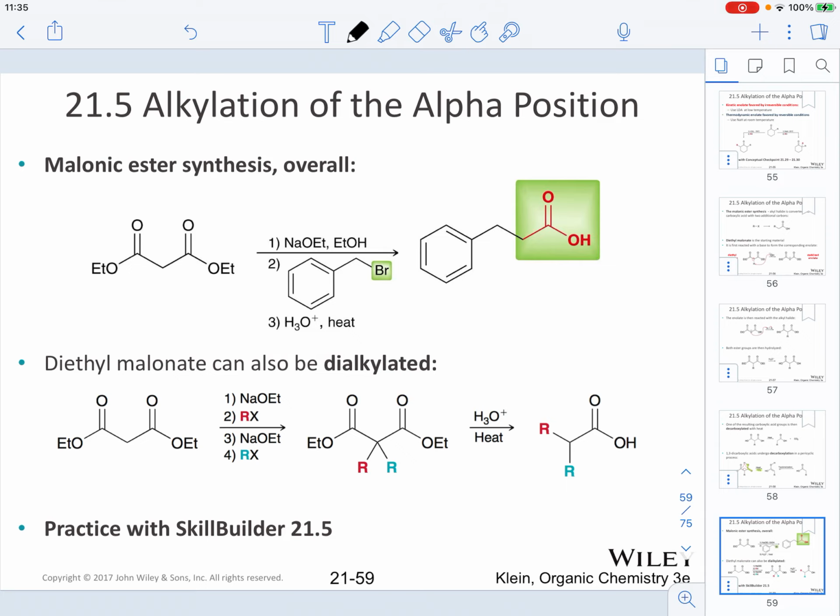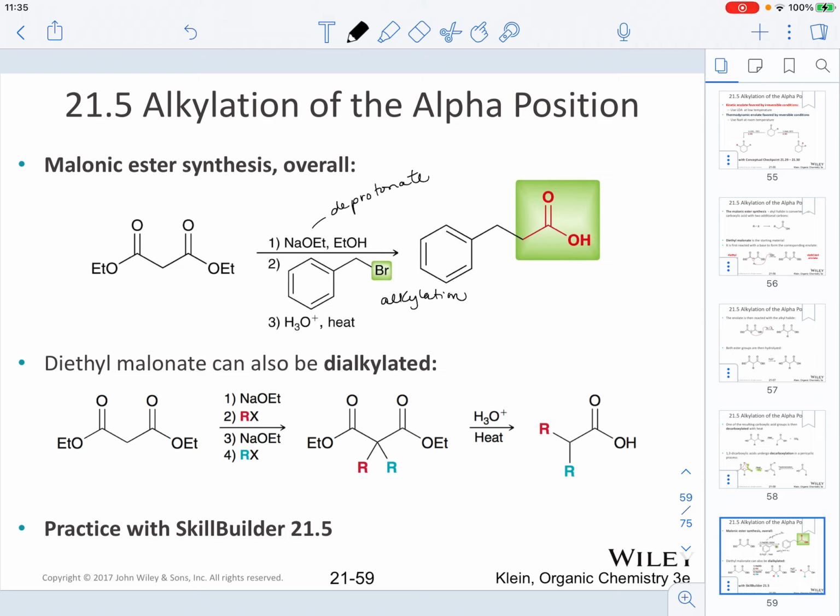So understand that the overall view of the malonic ester synthesis goes as follows. In the first step of the reaction, remember that we are going to utilize our alkoxide in order to deprotonate our starting material. In step 2, we are going to have the alkylation process.